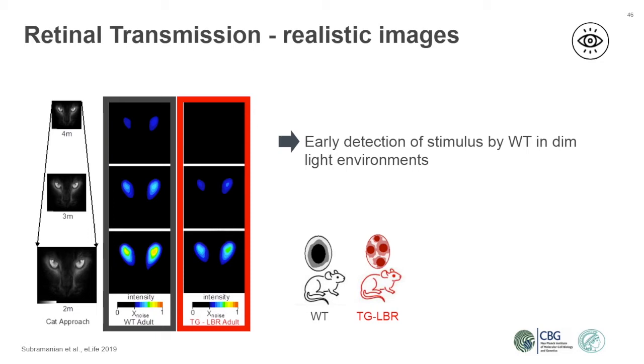So at far off distances, the wild-type mouse is just able to perceive, while the LBR mouse fails to see the approach. A point to be noted is that these exciting results were only possible by measuring the optomotor reflex under scotopic or low light conditions.